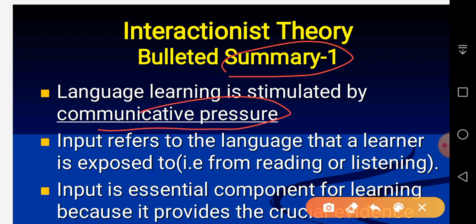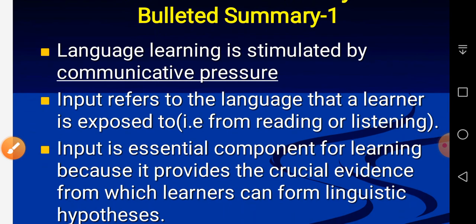Someone is asking you something, maybe your teacher, maybe someone who is a very competent user of language, at a higher level of competence than you. While interacting, you have to continue the conversation. So there is a pressure upon you, you want to carry on communication. During this communicative process, you will be producing language, you will be giving output. This is a very important point in this theory.